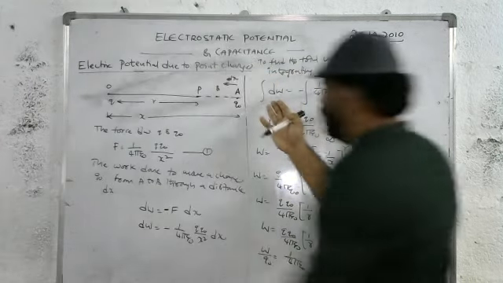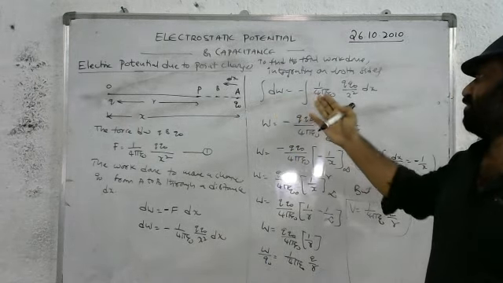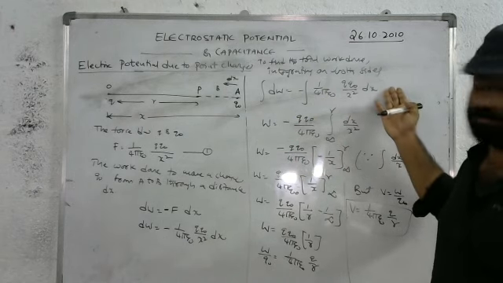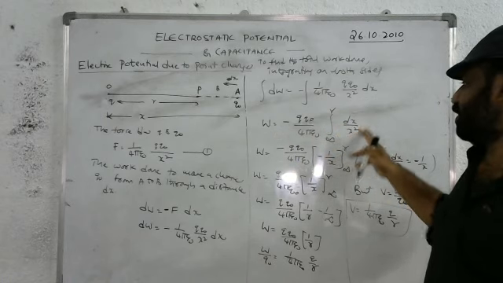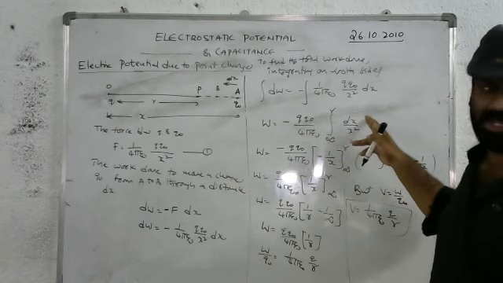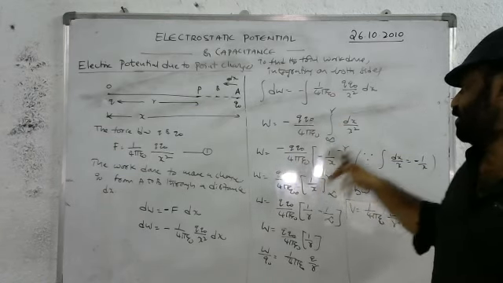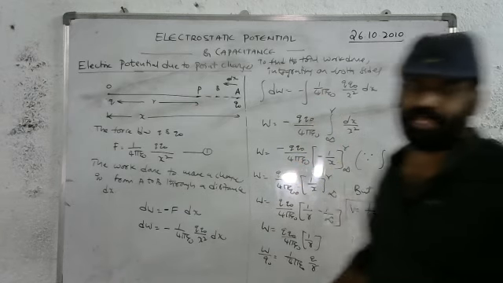By keeping an integral symbol, integral dw is equal to minus integral 1 by 4 pi epsilon naught Q Q naught by x square into dx. The work done W is equal to, we are integrating with respect to x, so we keep x terms only in the integration part, and the other parts come outside. The integration of dx by x square gives minus 1 by x.